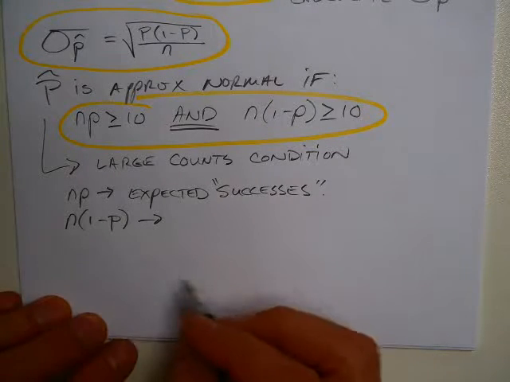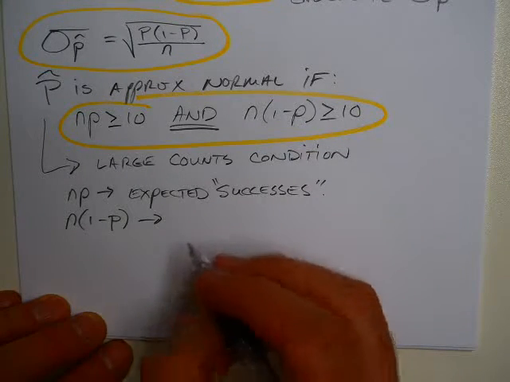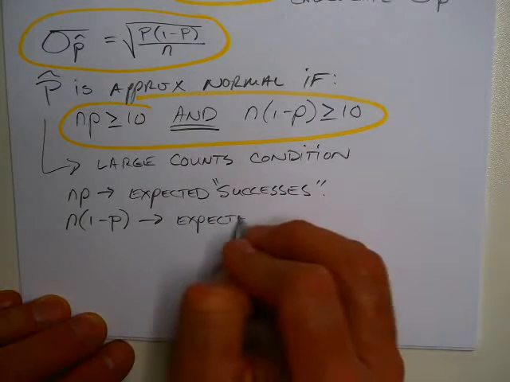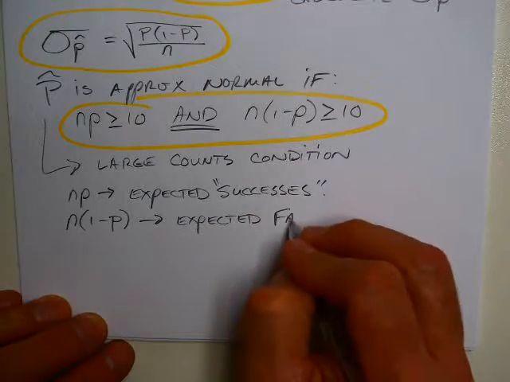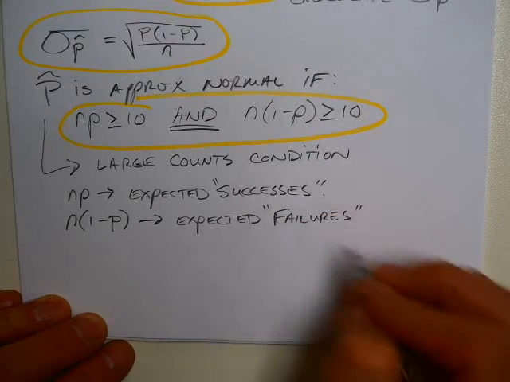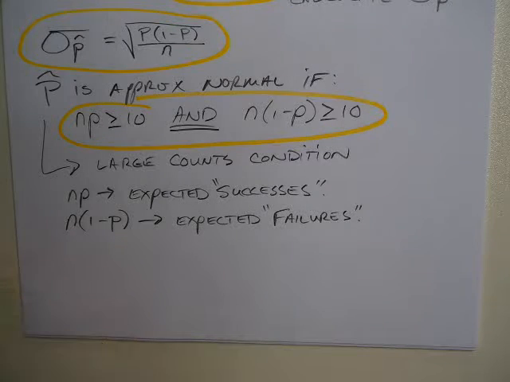So the n times 1 minus p is your expected failures. How many times will we have success versus how many times will we have failure? So if the large counts condition is satisfied, the data is approximately normal.